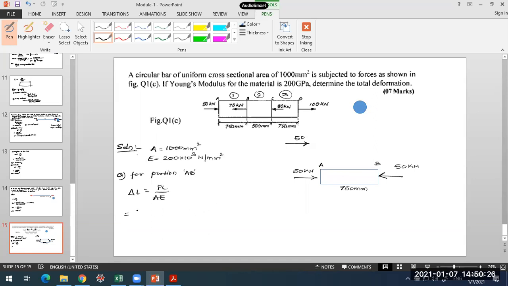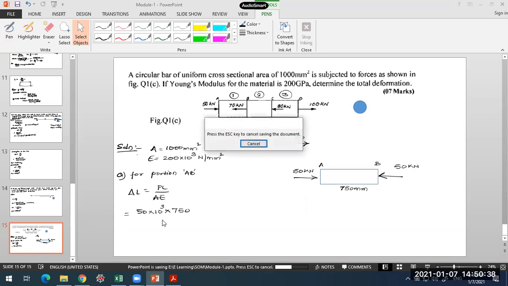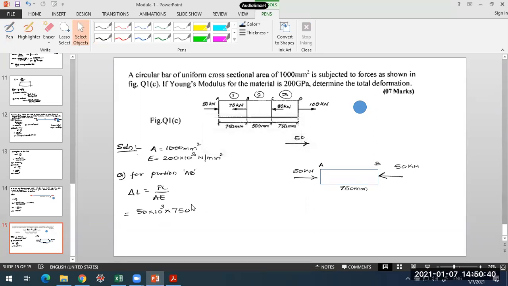P is 50 kilonewton, that is 50 into 10 to the power 3, into L which is 750 over here. A is 1000 mm square, it is constant for the entire bar, so A is 1000 mm square into E is 200 GPa, that is 200 into 10 raised to 3.